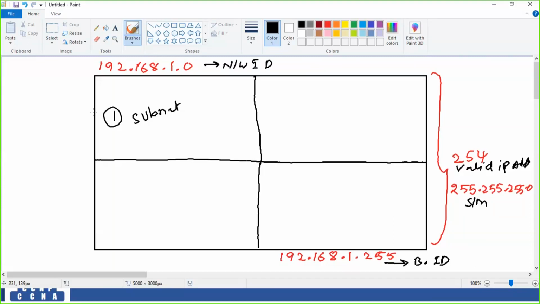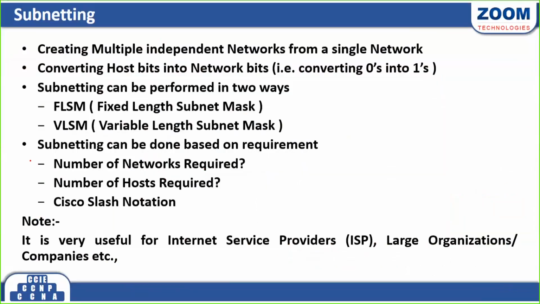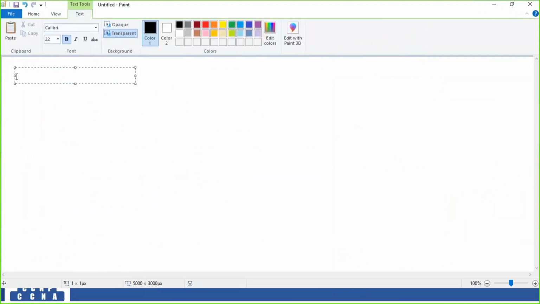So let us calculate. Starting with point number 1, the number of networks requirement. Four networks is the requirement.